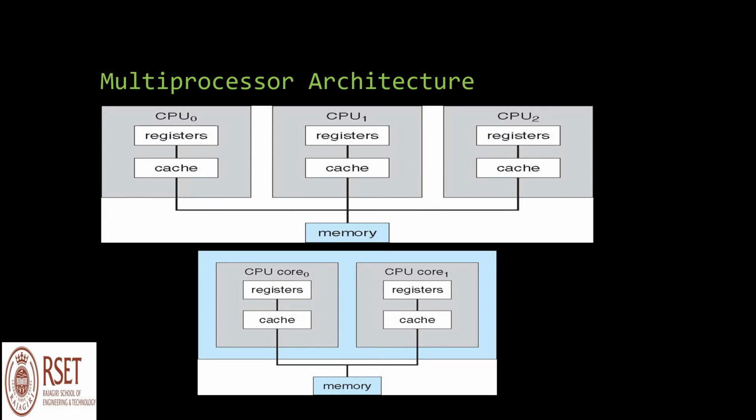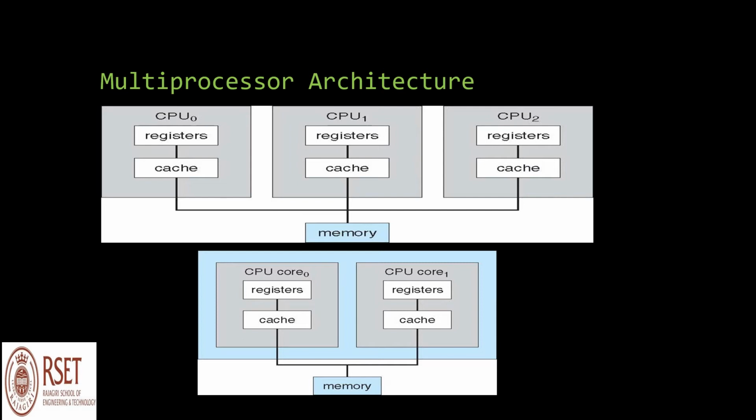Next, we have multiprocessor systems. This is an architecture of a multiprocessor system. Now, multiprocessor system, as the name suggests, is a system with several CPUs in close communication. So here the processors will be sharing memory as well as the clock, and the communication usually takes place through a shared memory, as you can see in the figure.